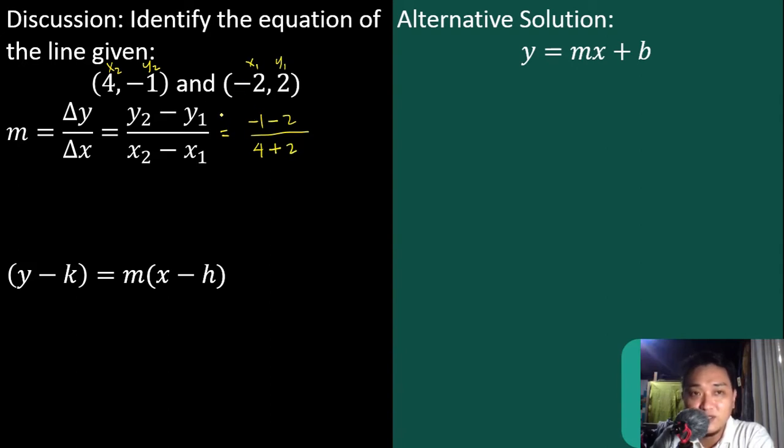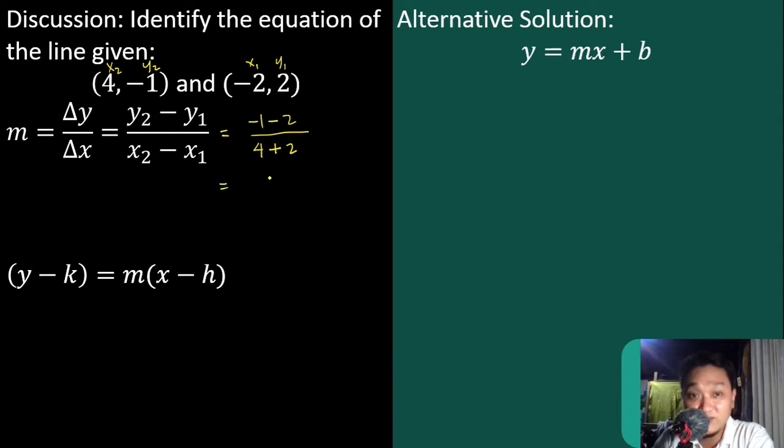Our y sub 2 is negative 1 minus our y sub 1 is positive 2. No changes. There was no change in our operation. In the denominator, we have x sub 2 which is 4 minus our x sub 1 is negative 2. So, we changed the operation.